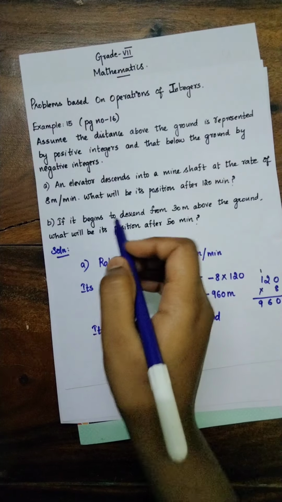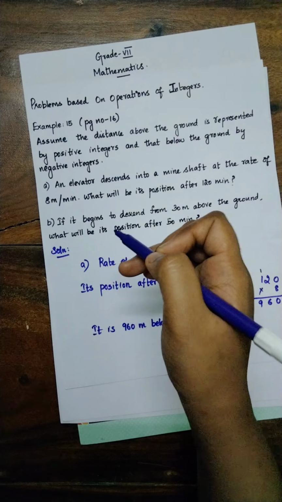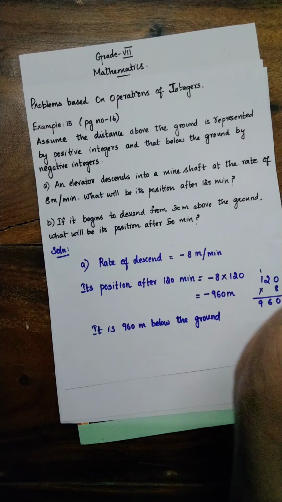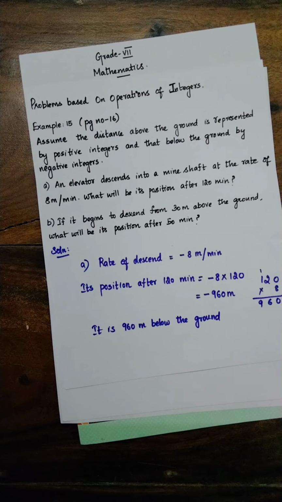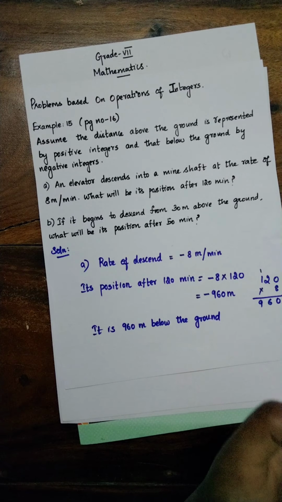The lift is already in the place of 30 meter above the ground. We need to find what will be its position after 50 minutes from that position. From there the lift is again going down.